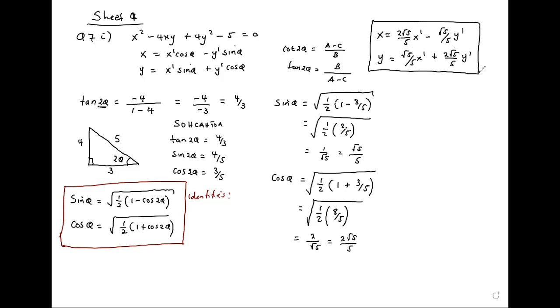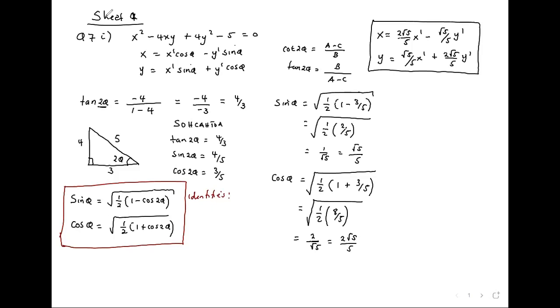So now we go to our pieces. Say piece 1, x squared is going to be what? 2 root 5 over 5 x prime minus root 5 over 5 y prime, so it's being squared.